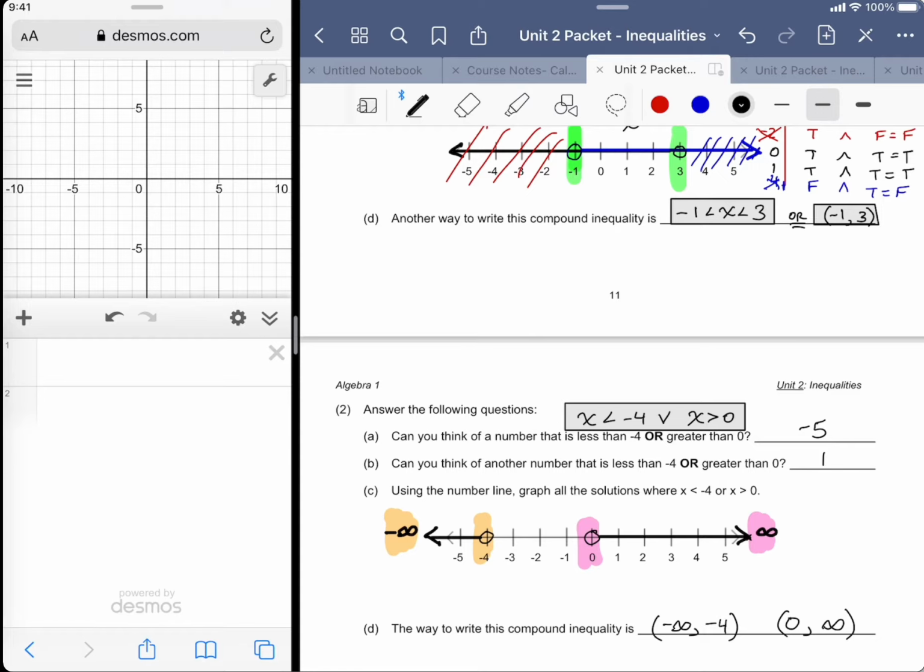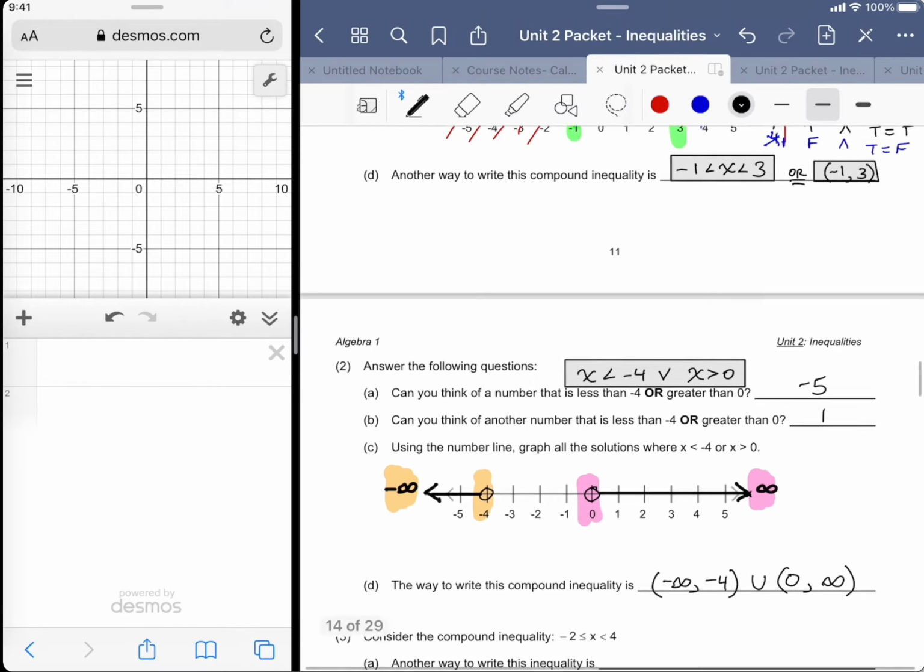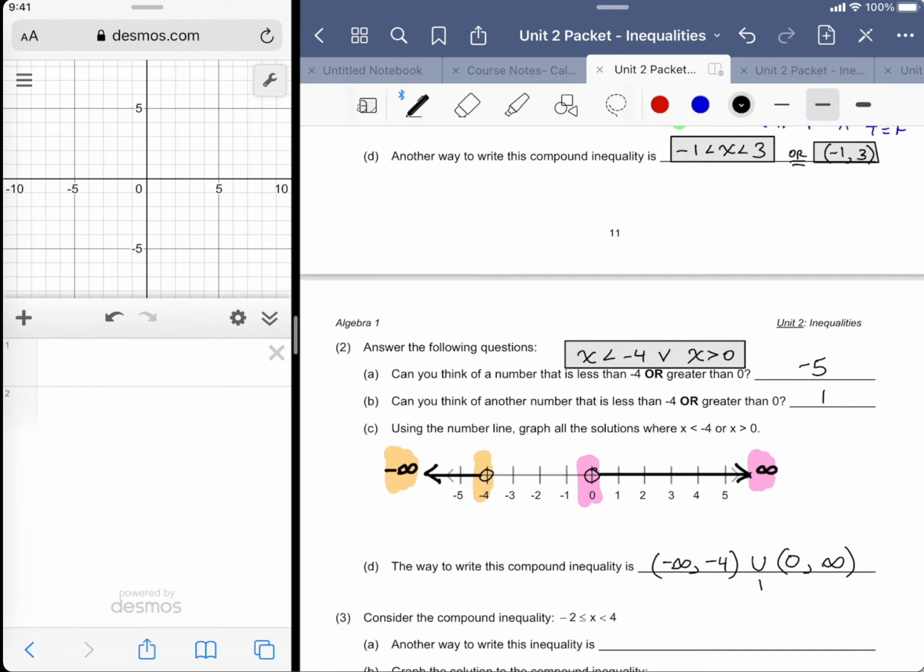The only thing, and this is another layer of notation that nobody's gonna like, but we got to do it. We have to unite the two sets to show that they're part of the same solution. So we tuck a little u in there. This is the first instance where we've had two separate intervals that make up the same answer. So that symbol means union.